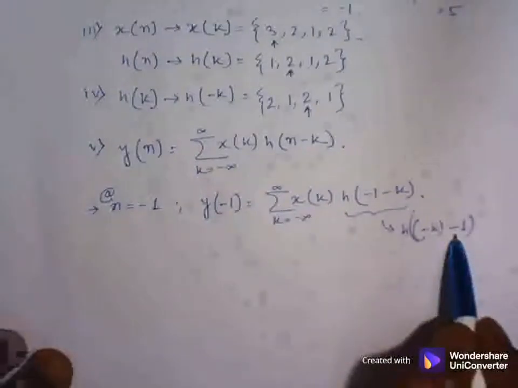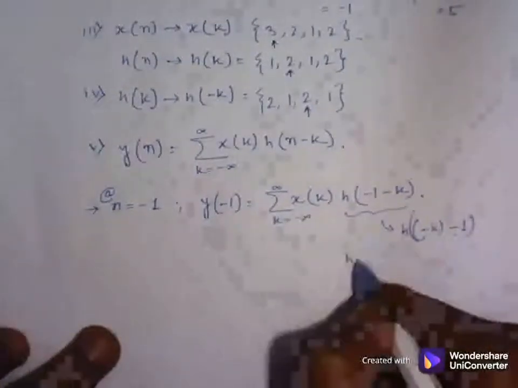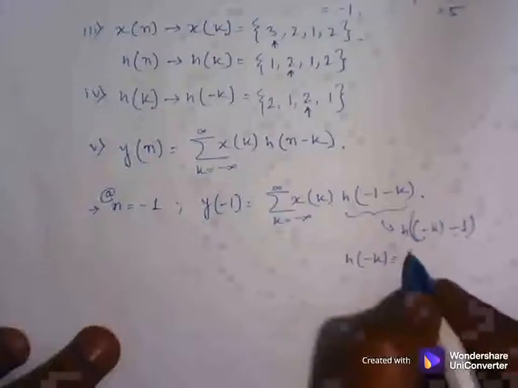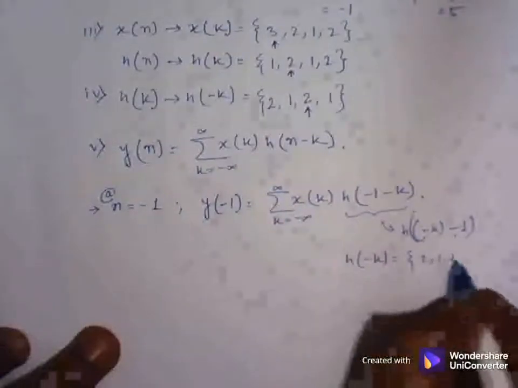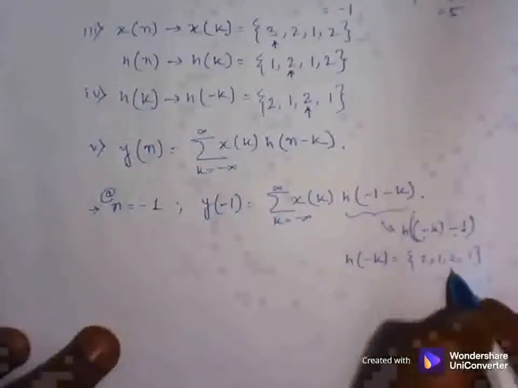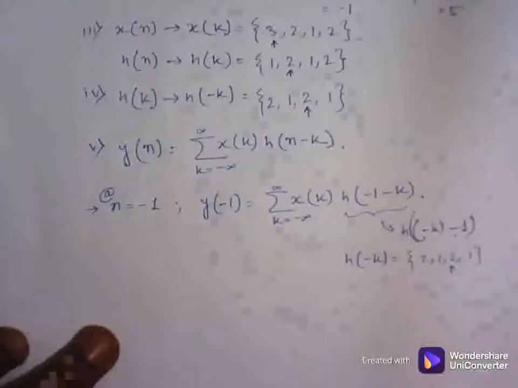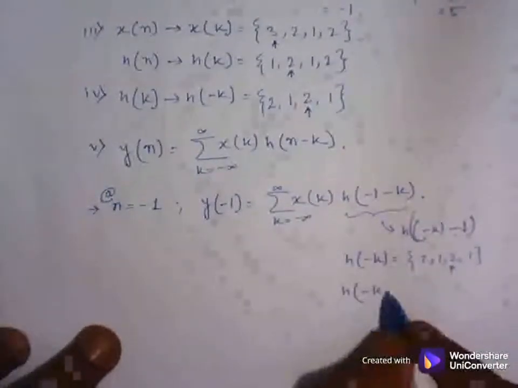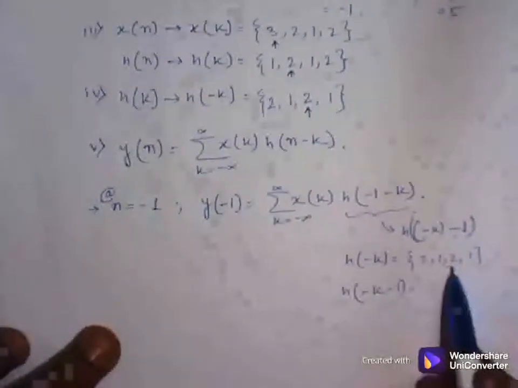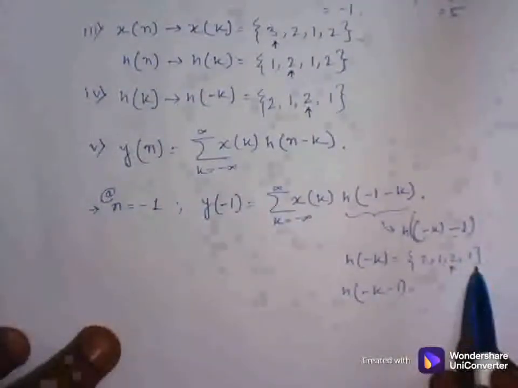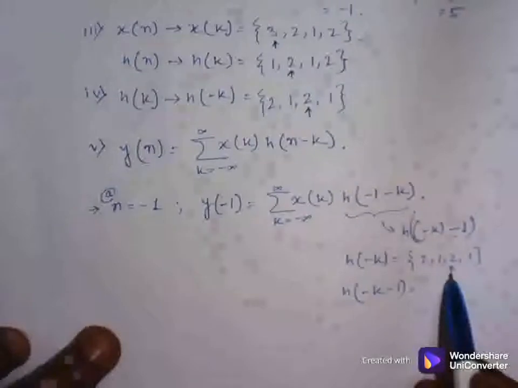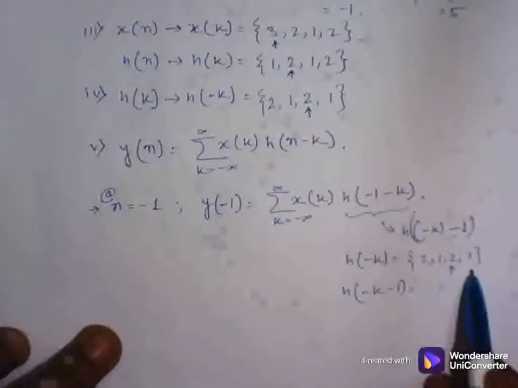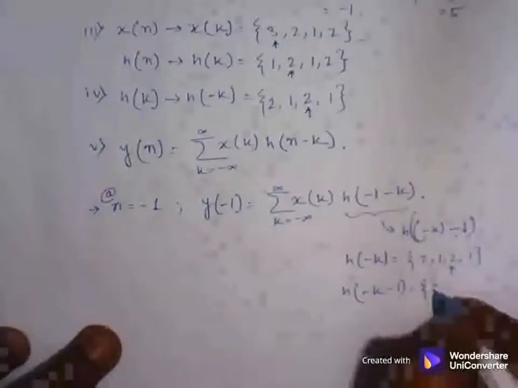The value of h of minus k is 2 1 2 1, and for h of minus k minus 1 the initial position is shifted by 1 unit, so its value is 2 1 2 1.